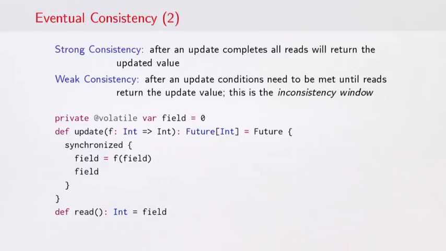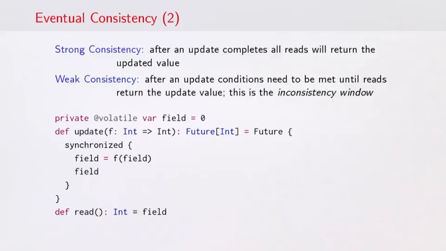And the thread can continue normally without having to wait for the update to occur. In order to properly publish the new value of the field, we write it back here, and if we mark the variable as volatile, that makes sure that other threads see the updated value when they do their next read. Therefore, no synchronization is necessary for the read method here.